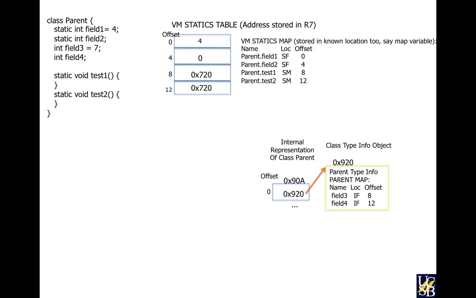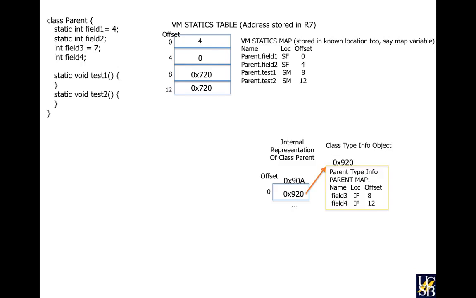So the value for field 1 in class Parent will be at memory location 0 off of the statics table. Let's say we put the statics table address in register R7, then at location R7 is where field 1 is located, and we know the size of field 1 because we know its type.